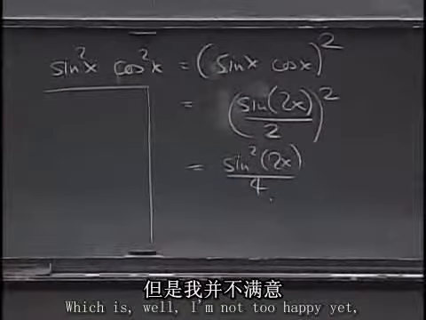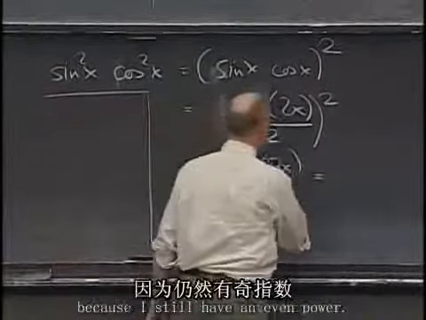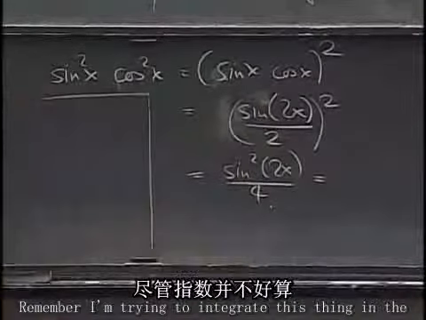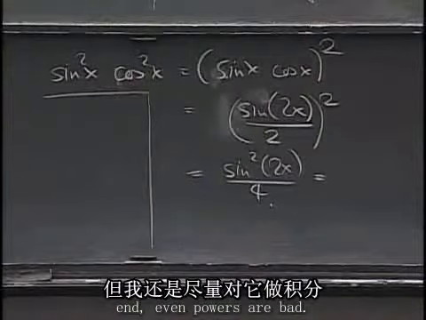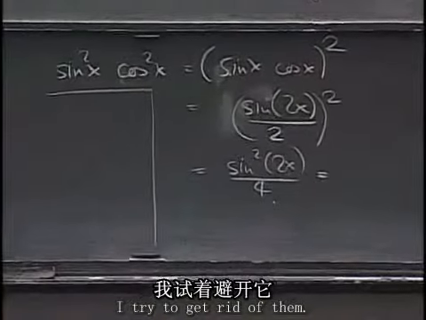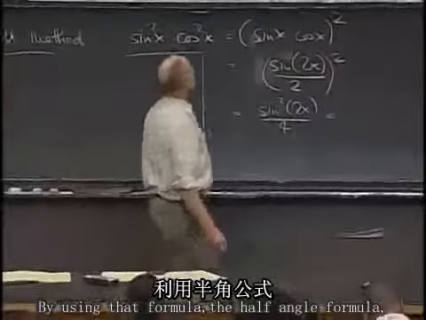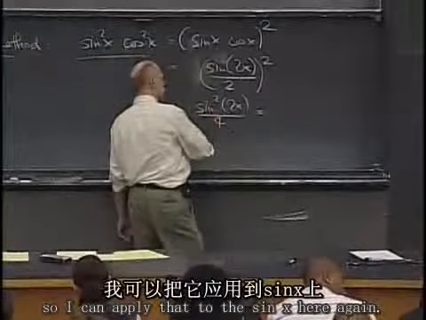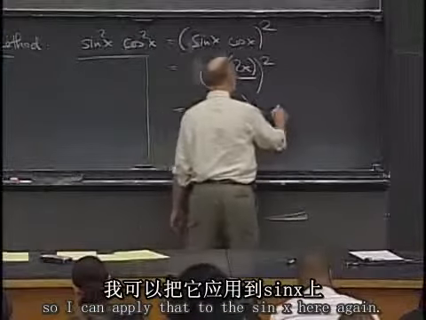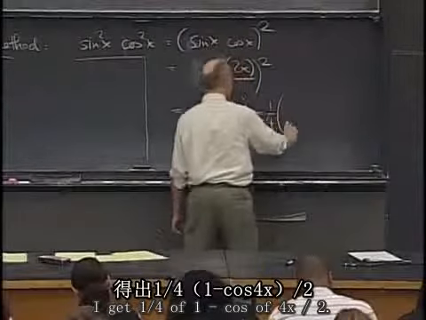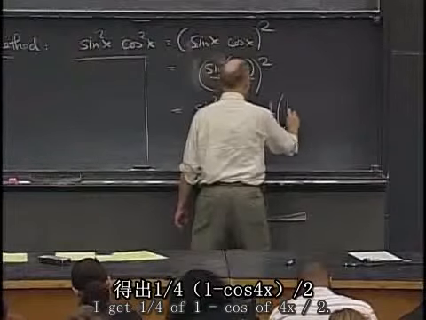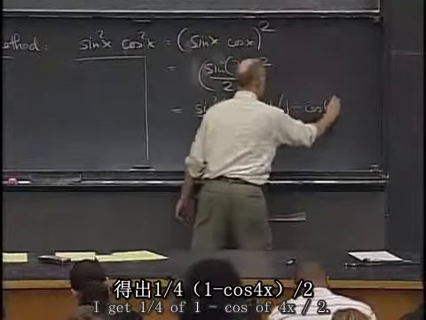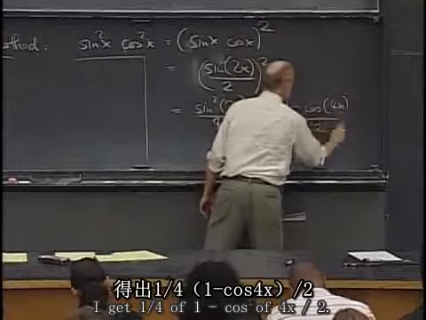Which is, well, I'm not too happy yet because I still have an even power. Remember, I'm trying to integrate this thing in the end. Even powers are bad. I try to get rid of them by using the half-angle formula. So I can apply that to the sine of 2x here again. I get 1/4 of 1 minus the cosine of 4x divided by 2.